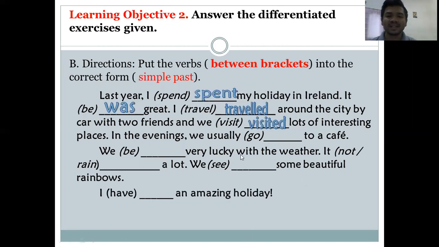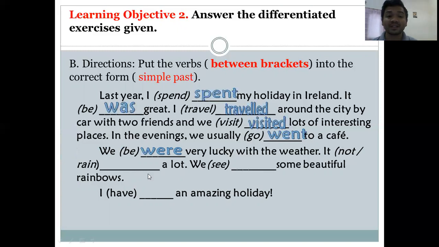Now, what is the simple past of go once again? Okay, so we usually went to a cafe and we be. Now, here once again, be. It talks about was and were, but this time the subject is plural. So if the subject is plural, we will say were. So we were very lucky with the weather.